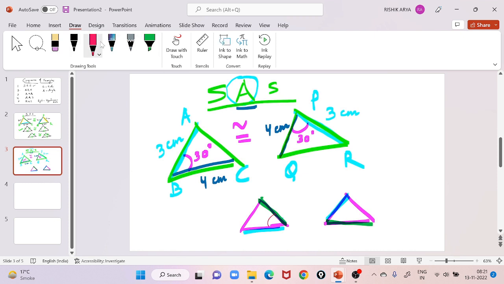Yes, correct, this angle, because this is the included angle in between these two line segments. So in this case both the triangles are congruent by SAS criteria.